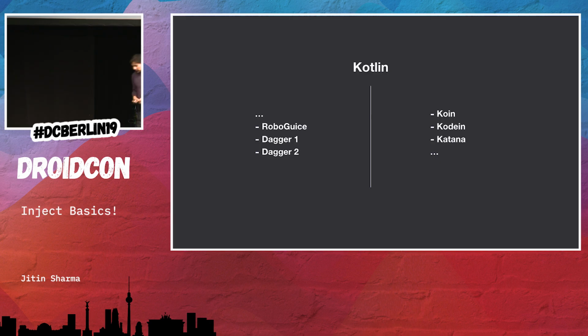So the point is, Kotlin has kind of changed the whole ecosystem itself, and it probably will change the dependency injection ecosystem as well, because libraries like this are getting popular. If you look at your day-to-day workflow, you've got Kotlin as a language for Android, KTX as extension functions, and Jetpack Compose. One of the reasons Koin is getting so much traction is because it's so easy to write.